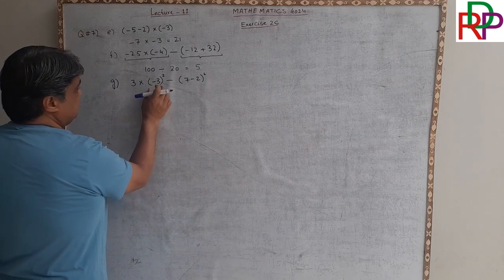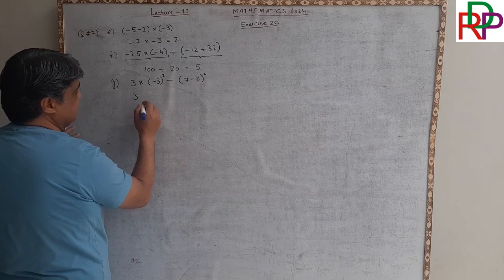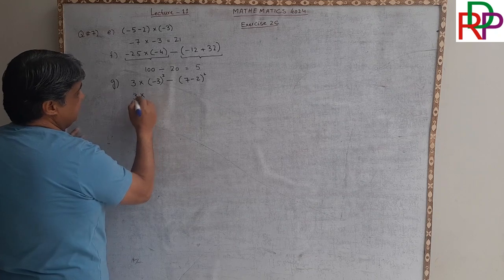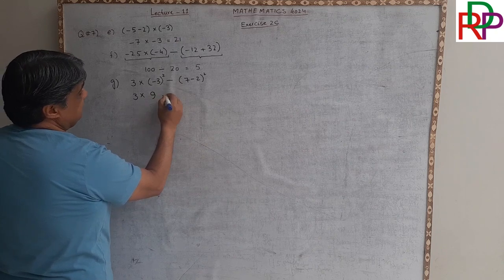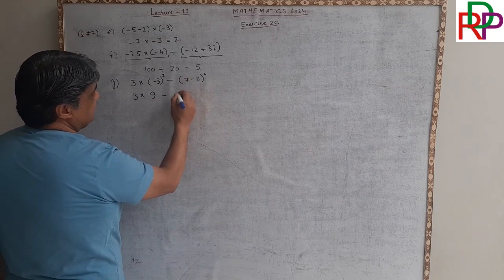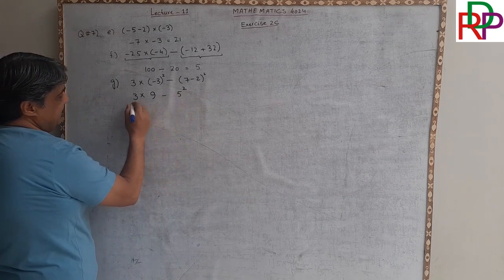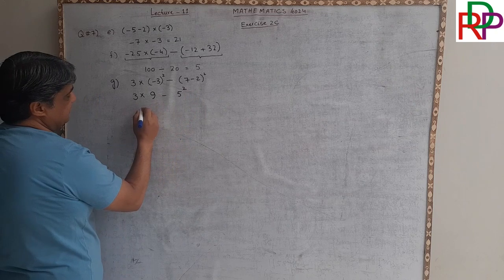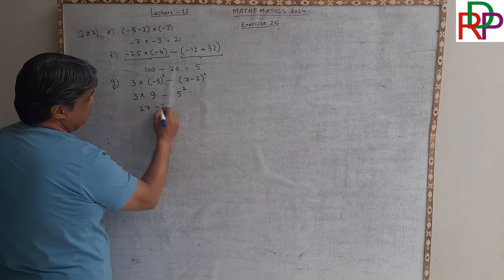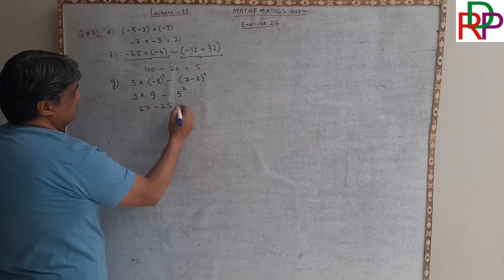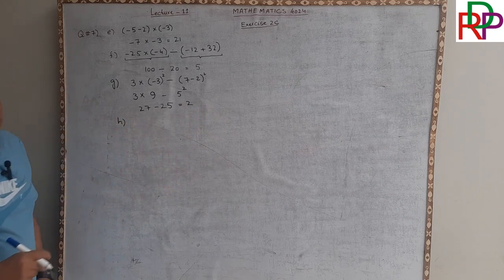So first we have to evaluate this. I will write 3 at its place, and then multiply, and then 3 threes are 9, and then minus, and in the bracket first I have to write 5 square. In the next session I am writing 27 minus 25. So the answer in this case is 2.